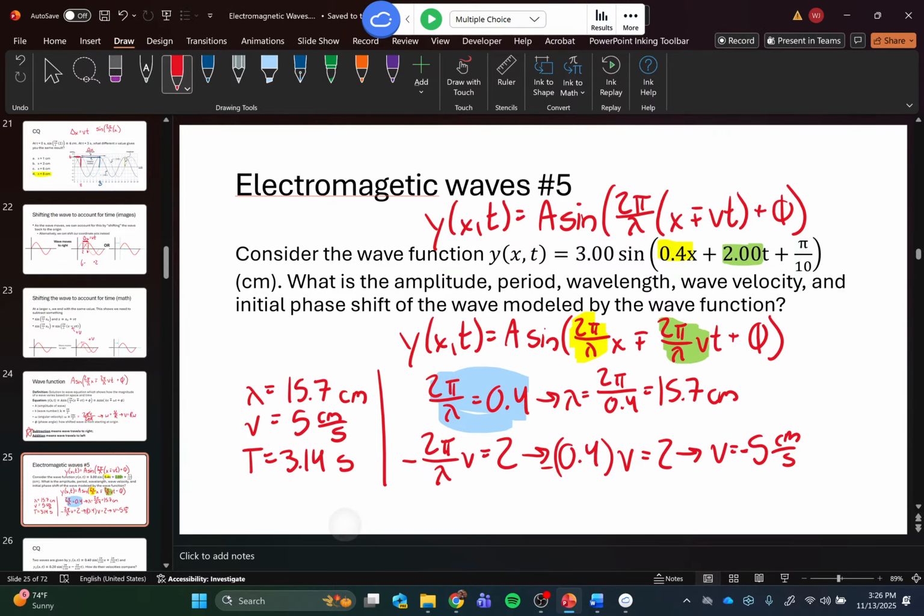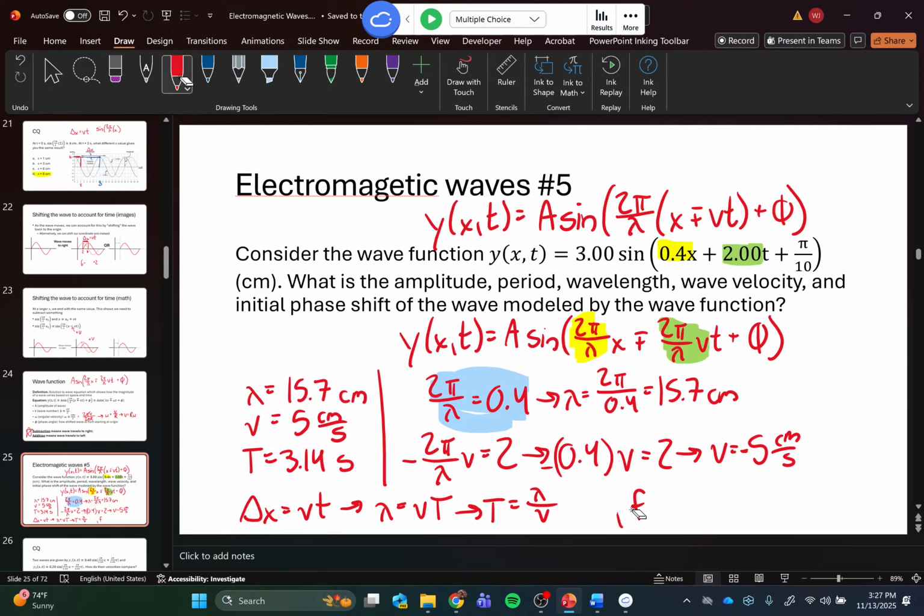Period is the time it takes to travel, so delta x equals vt. Period is the time it takes for the wave to travel one full wavelength. So delta x becomes lambda, v is v, t becomes capital T, the period. So T equals lambda over v. And great, you can plug in the numbers.